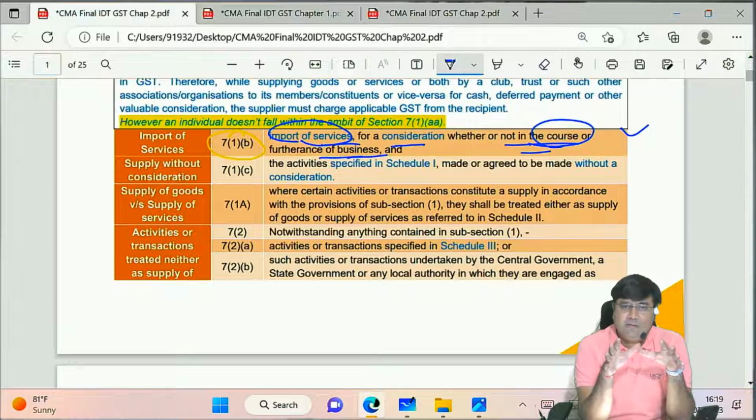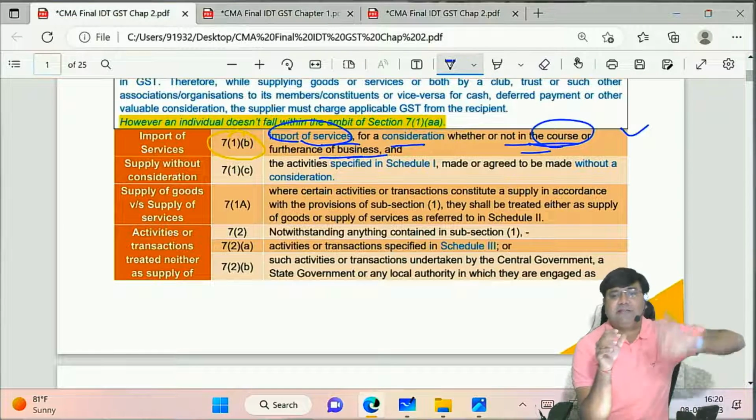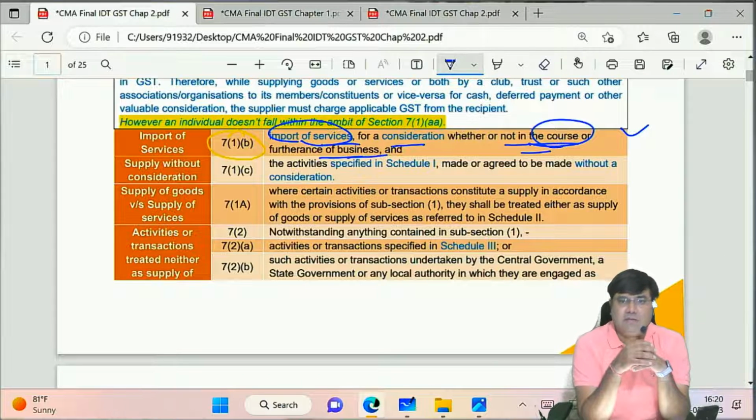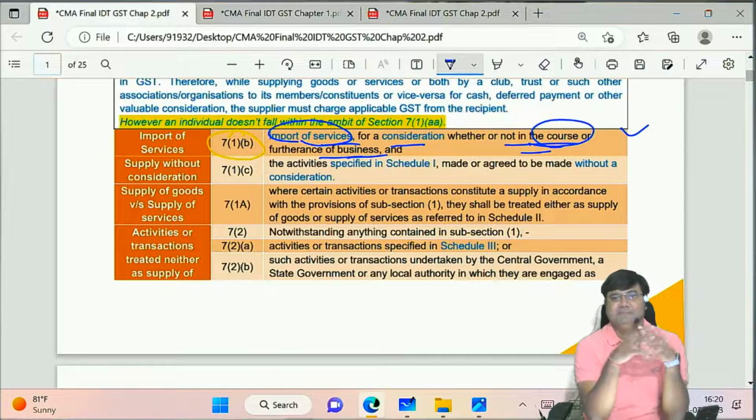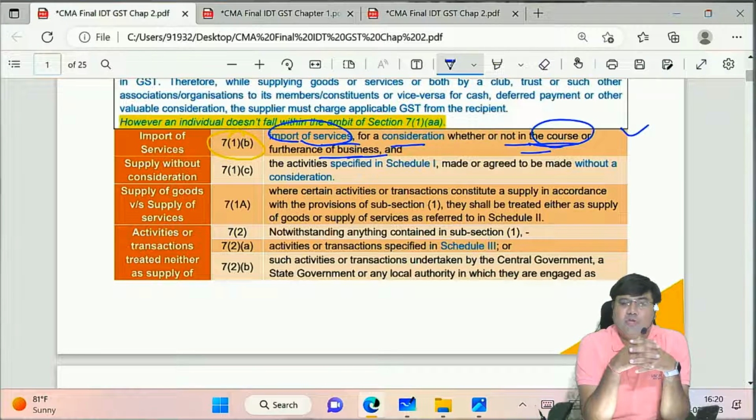You may have read about Elon Musk after taking over Twitter that he is going to charge for Twitter. So let's say Elon Musk decided to charge $1 for the entire year to each user.